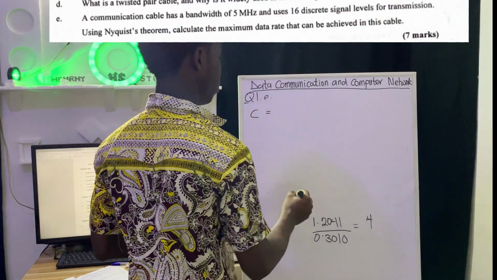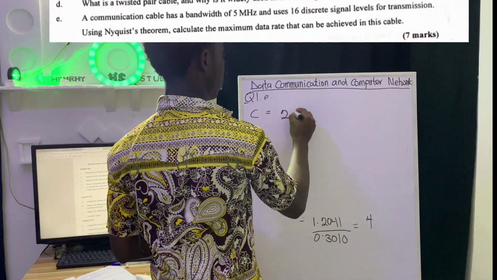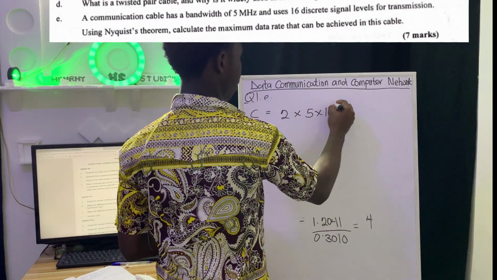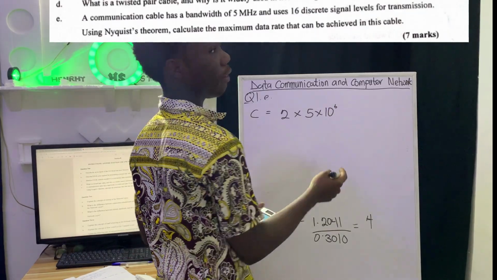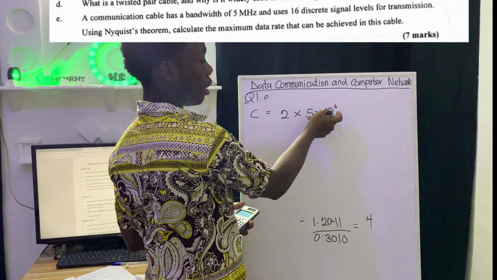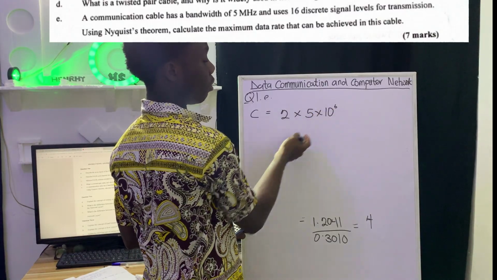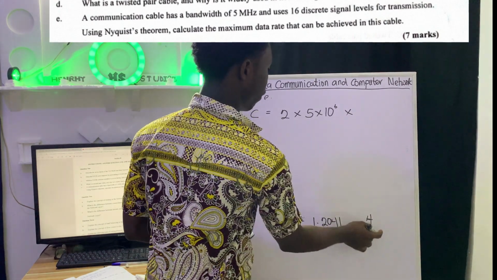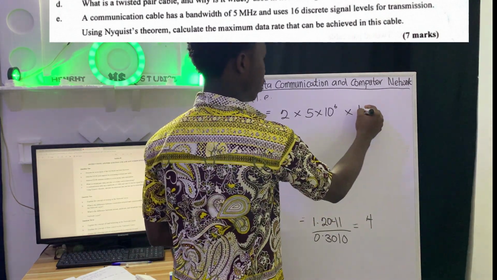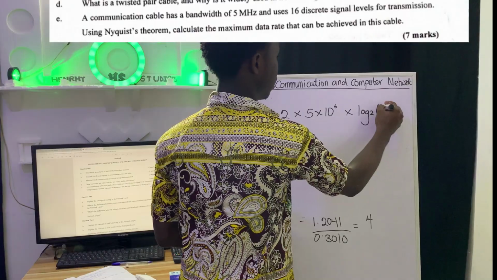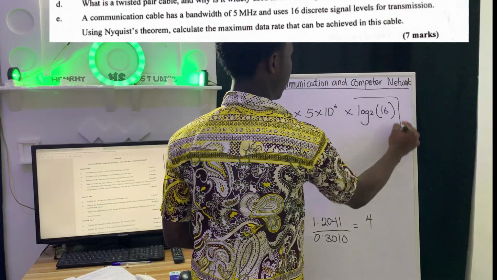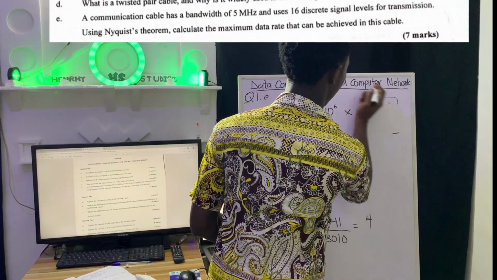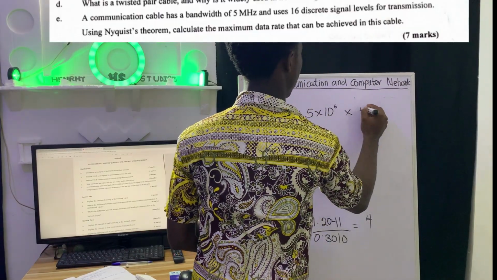C is equal to 2 times 5 times 10 raised to the power 6, which is the 5 megahertz, that is 5 million, times the 4, our final answer for the log.